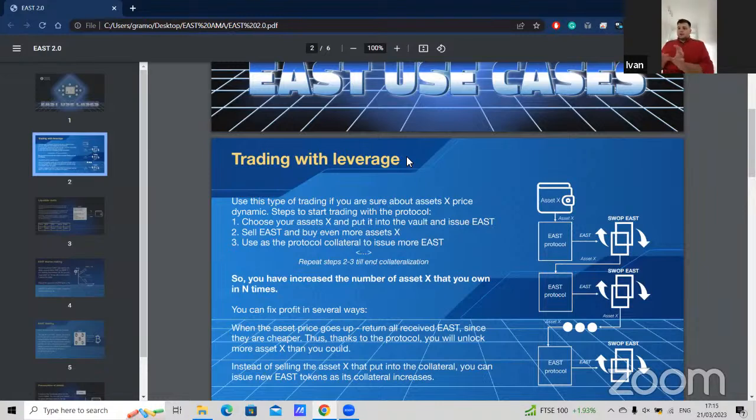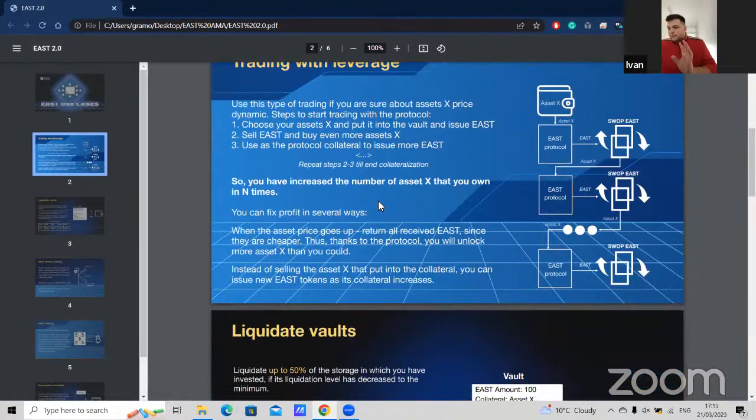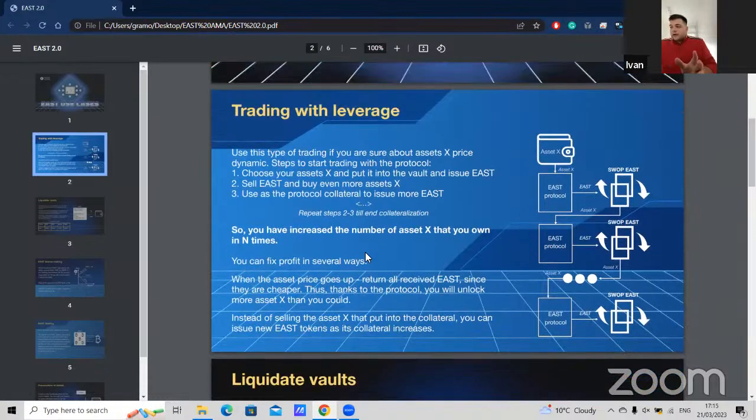So now you have more Waves than before, but you can go even further. You can take these Waves again into the protocol, and issue new ETH, and do this three or four times, as long as you have liquidity and the necessary level of collateralization.